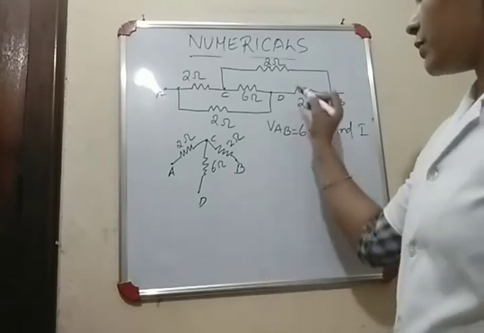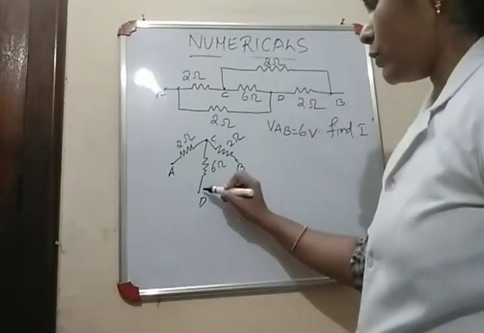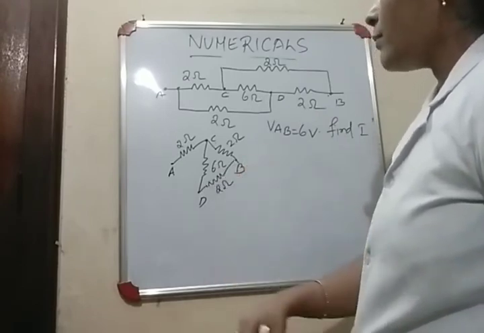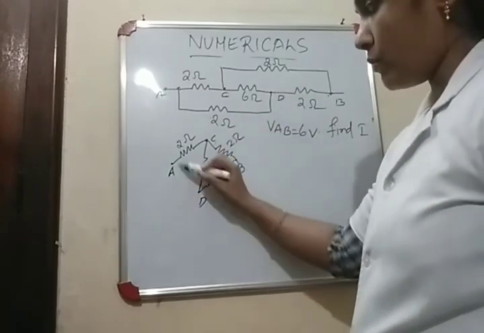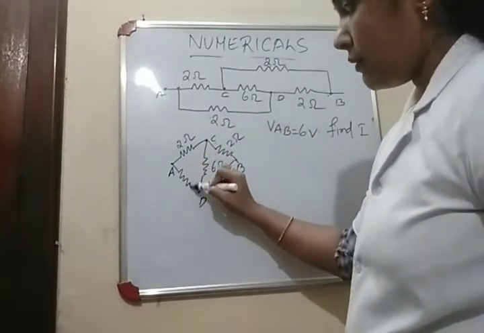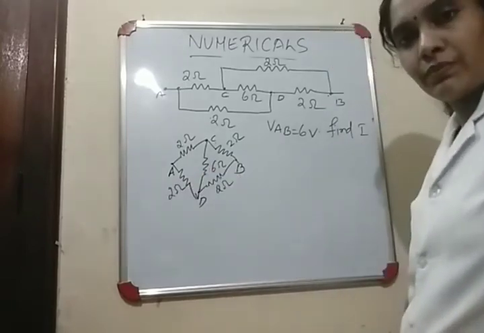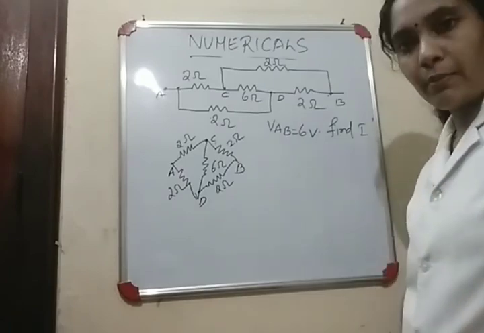Then which is left? Between D and B we have 2 ohm. And between A and D again we have 2 ohm. See, so we have modified the circuit into Wheatstone's bridge format.